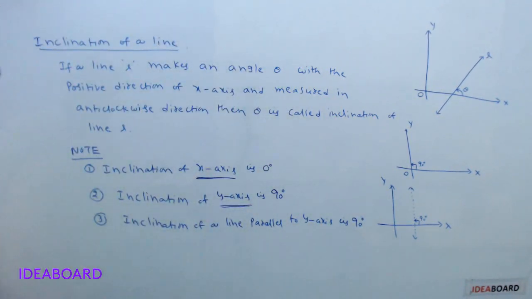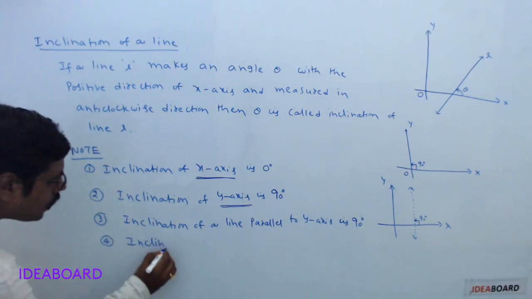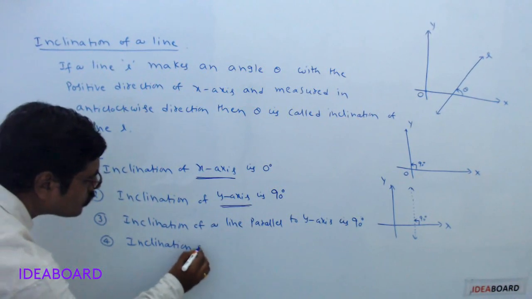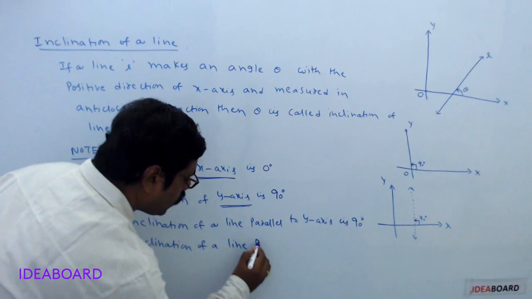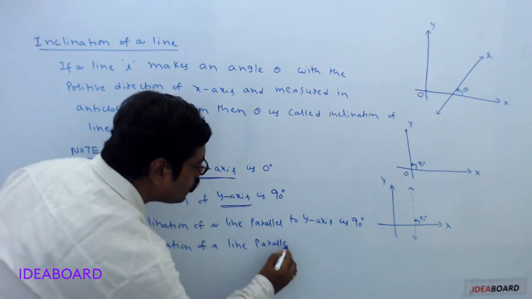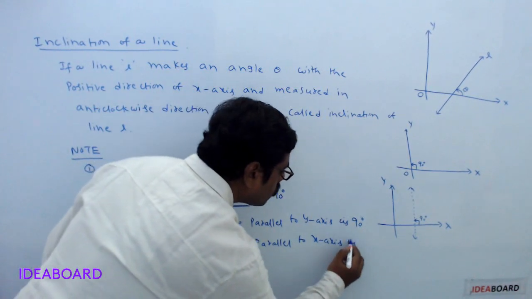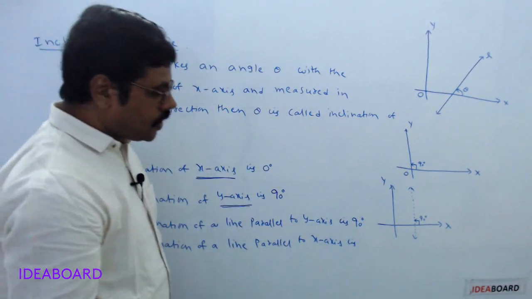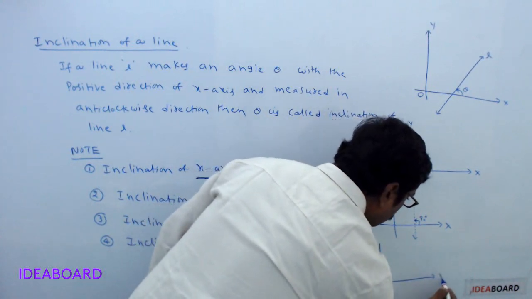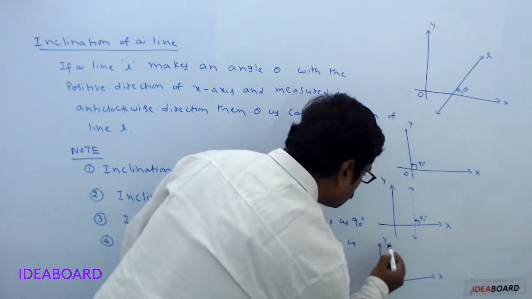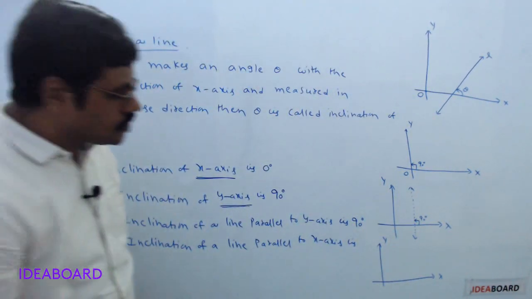Then come to one more pointer. Inclination of a line parallel to x-axis. Now draw the coordinate axis. Suppose this is x-axis, this is a y-axis. Now draw a line parallel to x-axis.